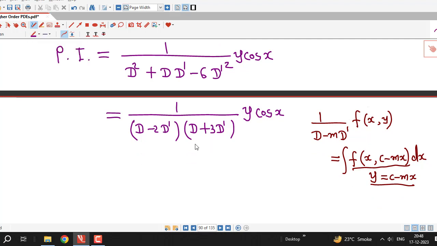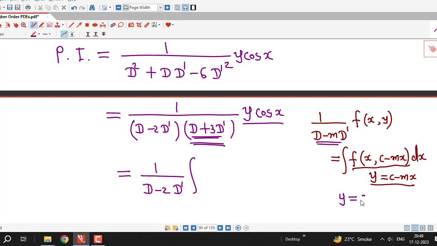So first we operate this factor on this function, and we keep 1 over D minus 2D' as it is. If we compare this with D minus mD', we can see m is minus 3, and we have to replace y by c minus mx, and m is minus 3, that is we will replace y by c plus 3x in this function.